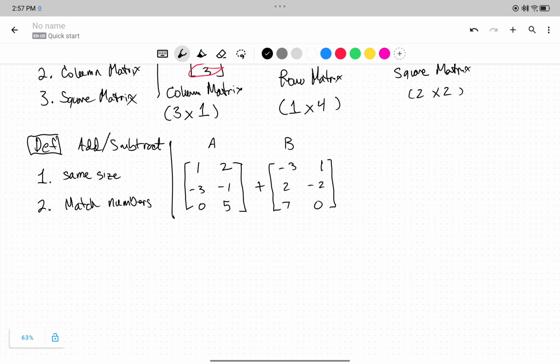You just have to match them up. If it's telling you to add, you add them. If it's telling you to subtract, you subtract them. In this case, it wants us to do addition.